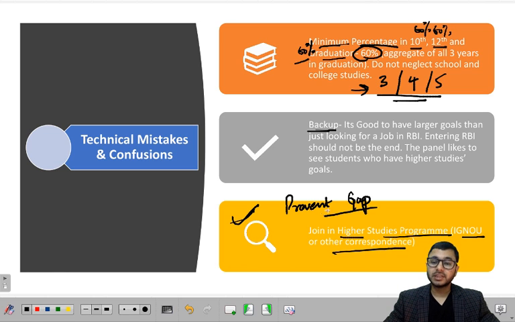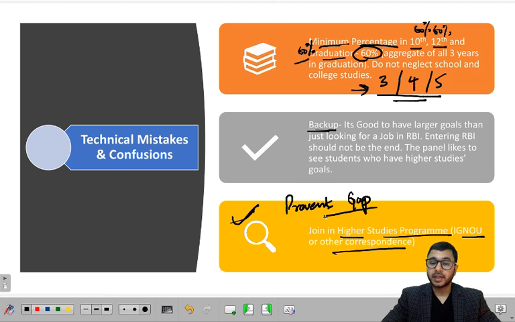The reason is that when another person sees that along with your preparation you're also doing something else, it's always liked, it's always appreciated. Although there is also a threat, because if let's say you are doing an MA in economics from IGNOU, then they expect that you have a good amount, or decent amount, of knowledge about economics.